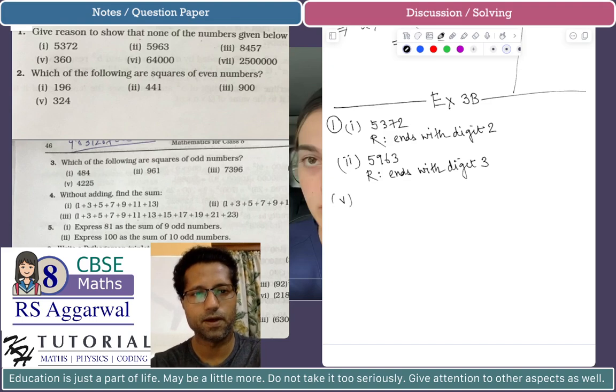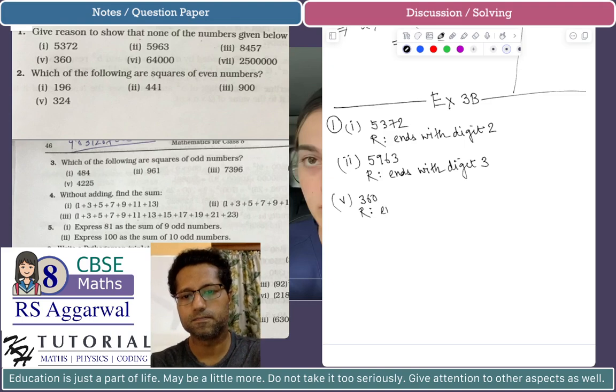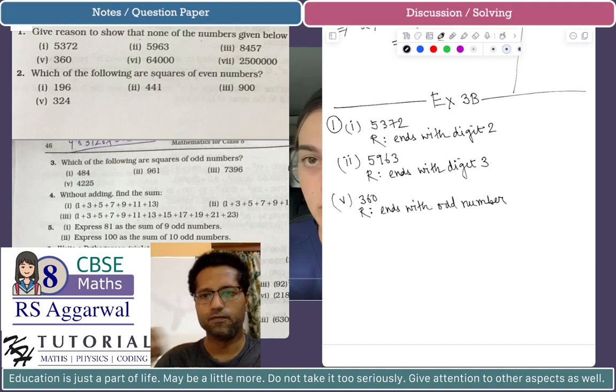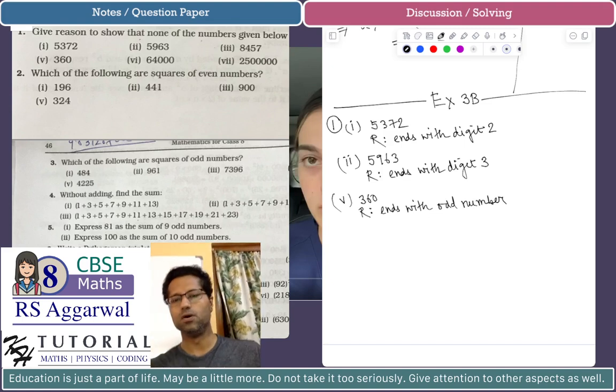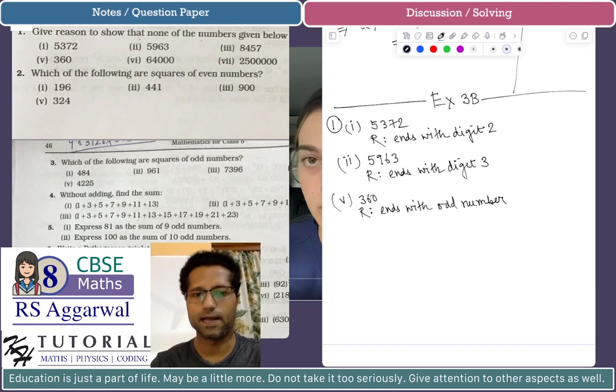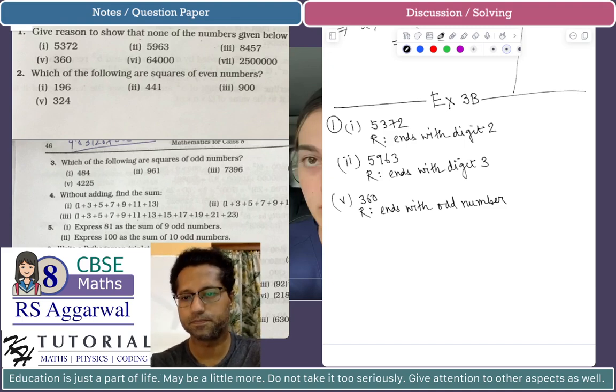5, 3, 6, 0. Reason: it ends with an odd number of zeros. Any number that ends with an odd number of zeros cannot be a perfect square. If a number ends with 0 and it is a perfect square, then it has to end with an even number of zeros.